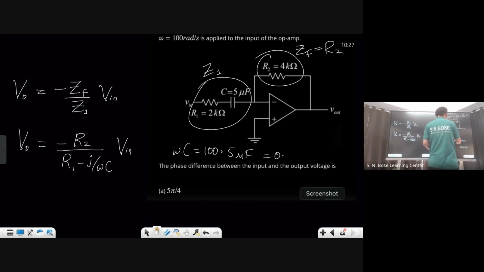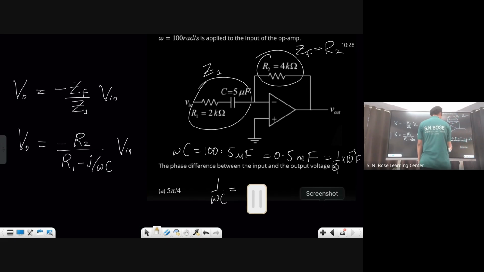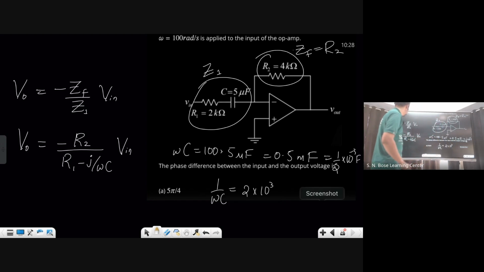I'll write 0.5 millifarad, so the milli and kilo will get cancelled. And I need 1 by omega C, that's equal to 1 by 0.5, or this is half actually, am I right? Half into 10 to the power 3, so 1 by omega C is 2 into 10 to the power 3.